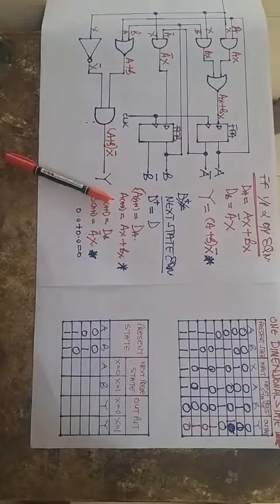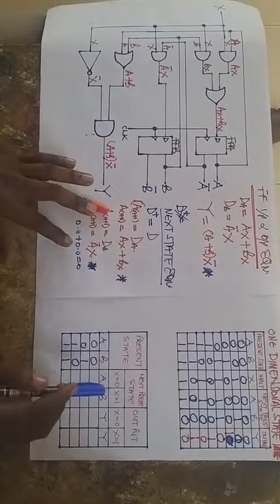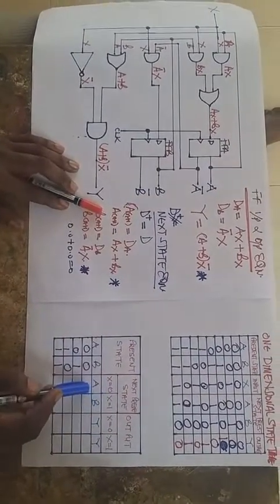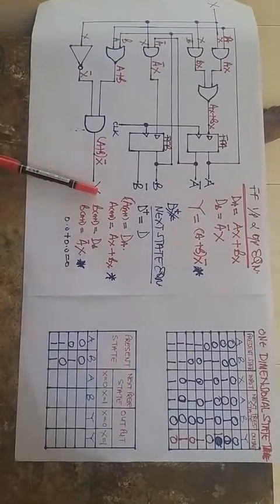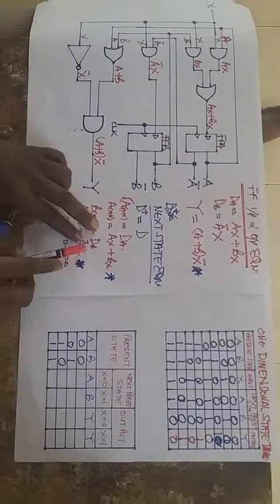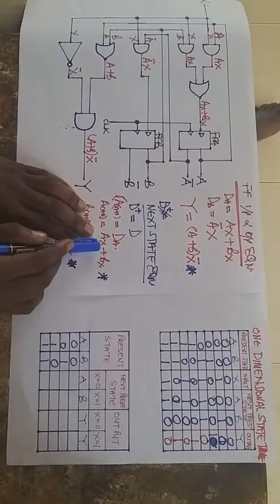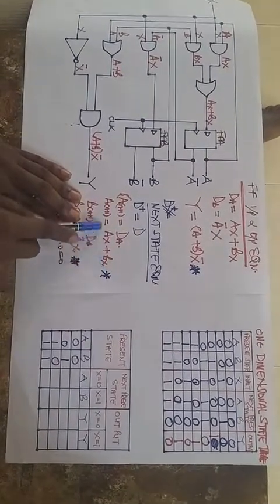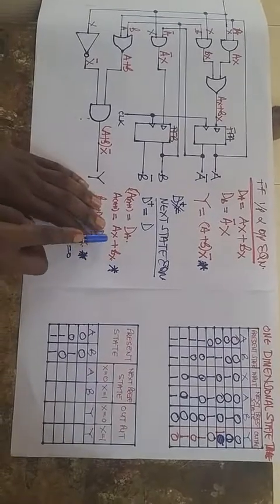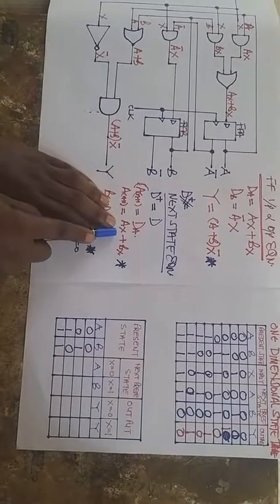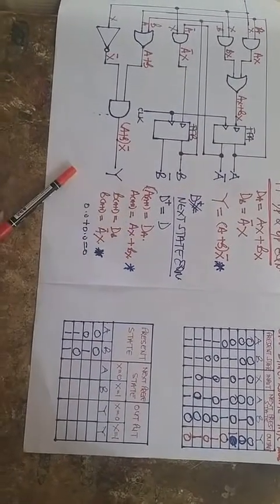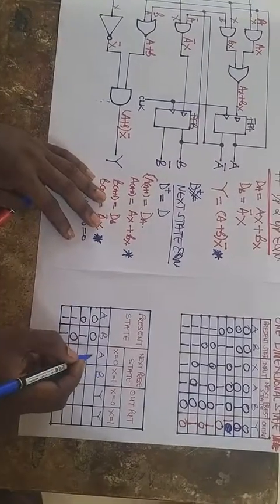Now we look at when x equal to 0, what will be the next state for A. So you use the same equation. When x equal to 0, using this equation, here will be 0.